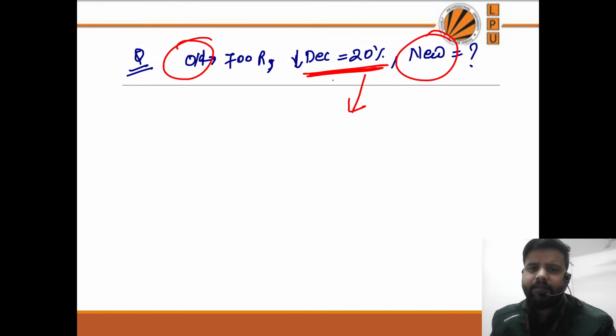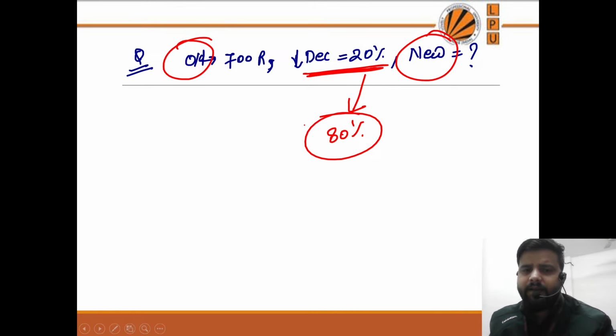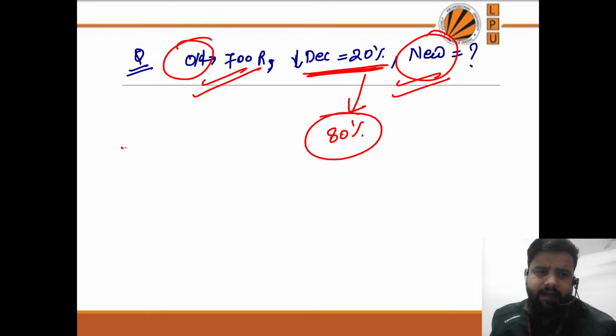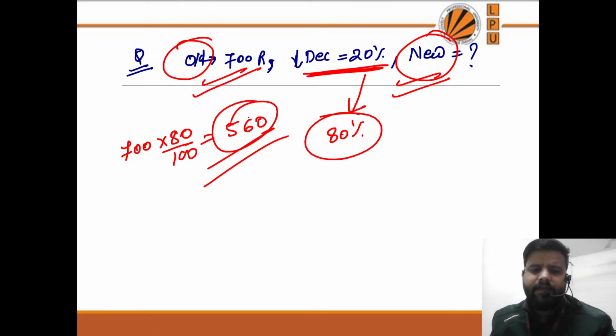When you decrease something by 20%, only 80% will remain. Now I'll be doing it directly. Here the decrement is 20%, so I'm writing 80%, because 100 minus 20% gives you 80%. When you calculate 80% of your old value, you directly arrive at the new value. So here 700 will be multiplied by 80 and divided by 100, which will give you the new price, which is 560. So without calculating the increase or decrease percent, you can shift from the old value to the new value.